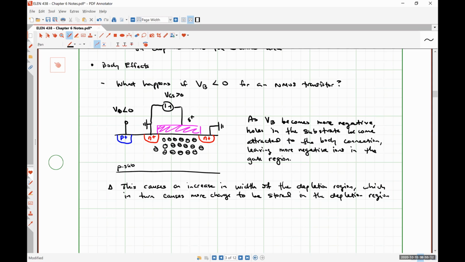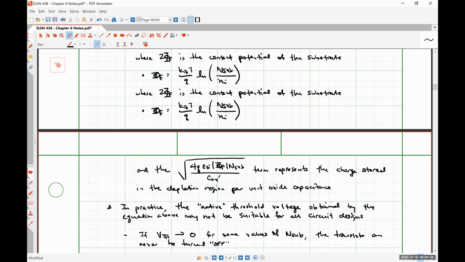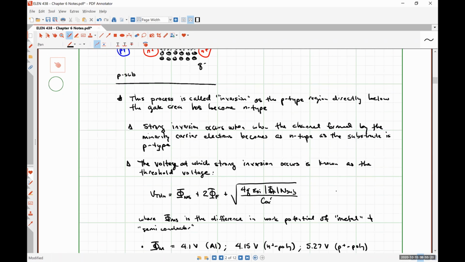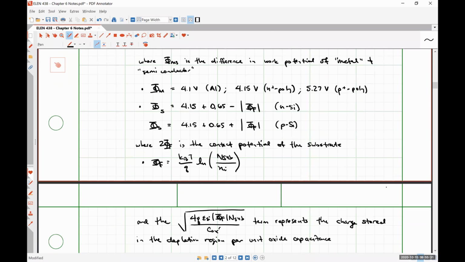So what's going to happen to the threshold voltage? So if we look at our equation and realize that the last term is simply proportional to the charge stored, as that charge increases, we should see that the threshold voltage increases as well.